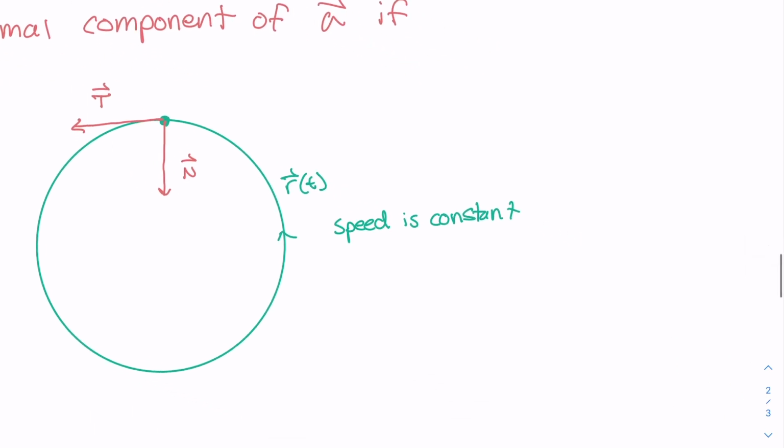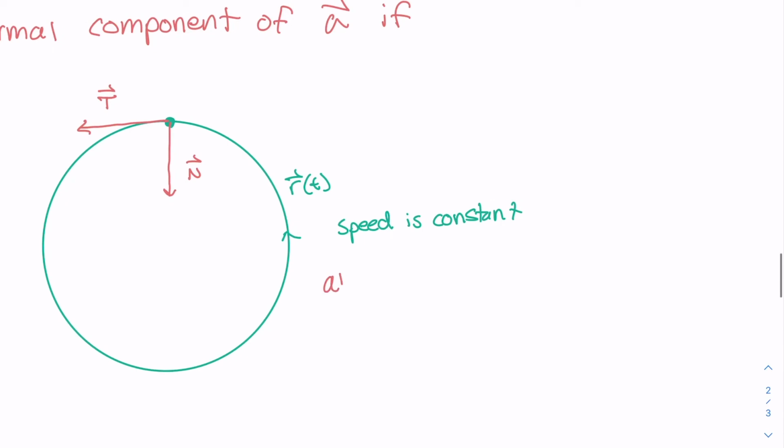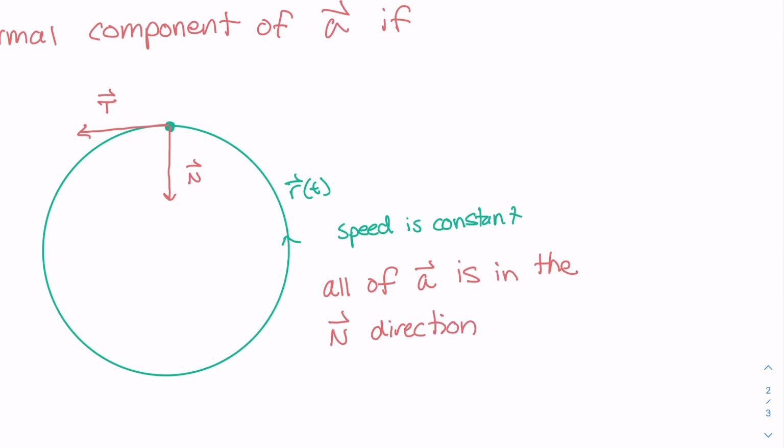So we know that all of acceleration is in the normal direction. So if I were to sketch the acceleration vector for this example, it would probably look something like that.